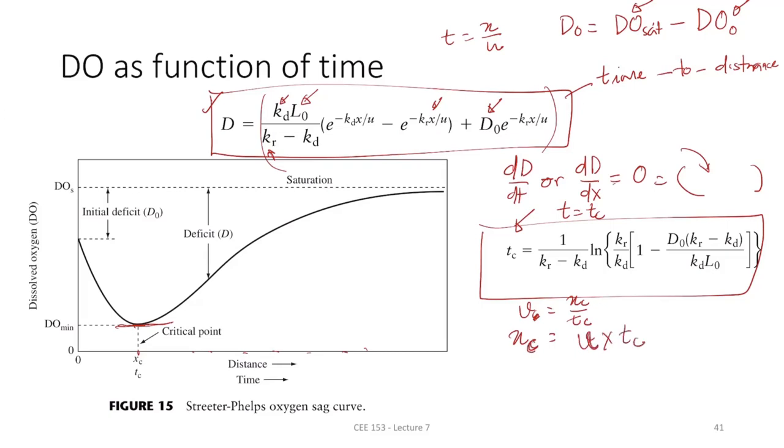Then you can calculate this distance. So again, for your equation, all you have to do is write those on your cheat sheet and you will be able to solve this one for deficit as well as critical points.